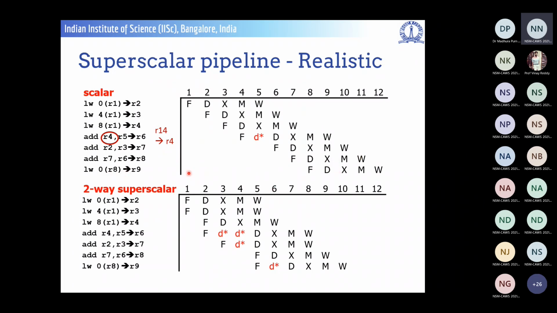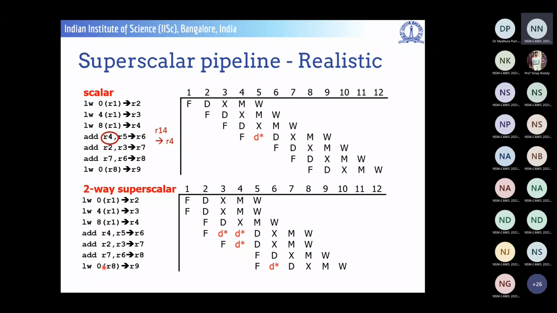So you can continue without any bubble. But here, since you started the fetch of these two instructions in the same cycle, this needs to wait at least until the previous instruction reaches the execute stage. Otherwise, the value of R8 is not ready, which is necessary for this load to continue.